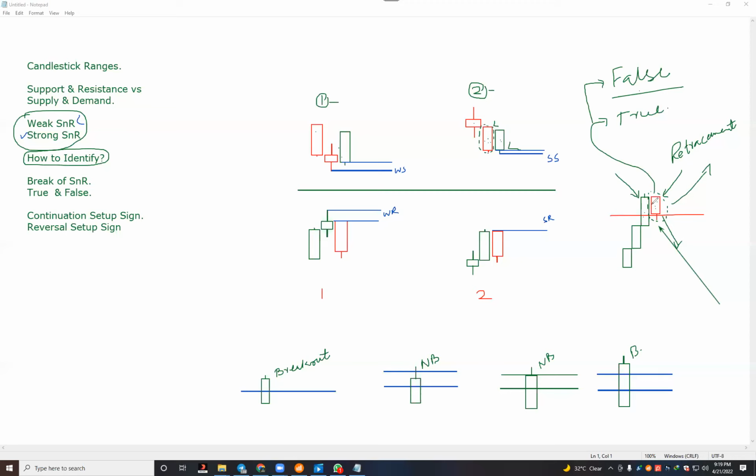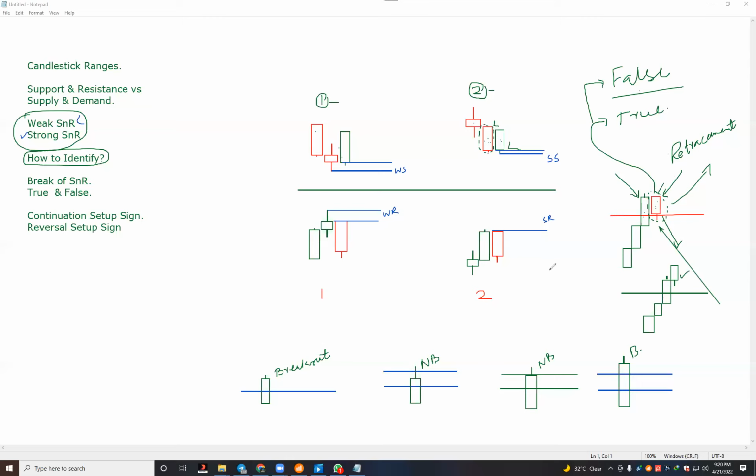After the breakout, we will estimate whether the next candle will move down or up. It is possible the next candle can give us a movement in the upward direction. Possible.